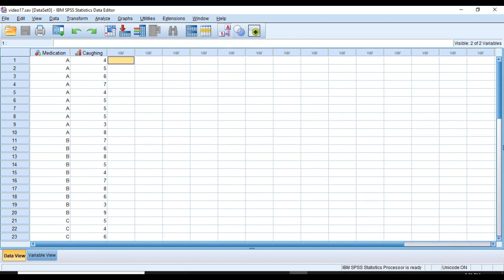But something that needs to be considered about the Kruskal-Wallis test is that it cannot tell you which specific groups of your independent variable are statistically significantly different from each other. It only tells you that at least two groups were different.